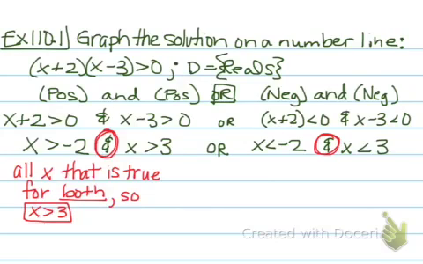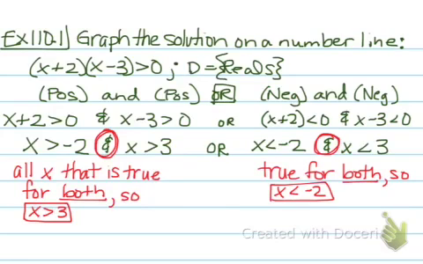So, if I pick the number negative 5, it is less than negative 2, and it's also less than 3. So, I know that everything less than negative 2 is also going to be less than 3. So x is less than negative 2 is what I'm looking for. So those are our two solutions.